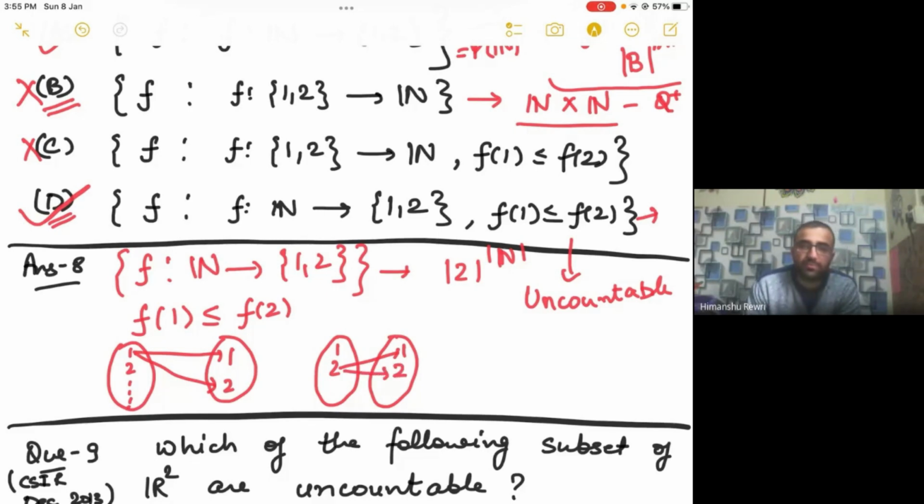So we remove the option where 1 goes to 2 and 2 goes to 1. So how many possibilities are we removing from an uncountable set? Only 2 possibilities.